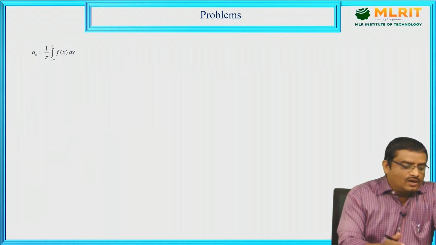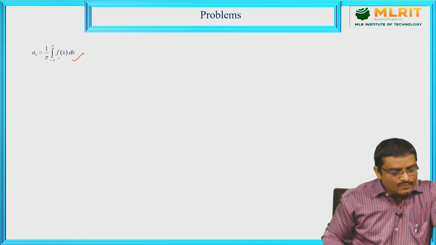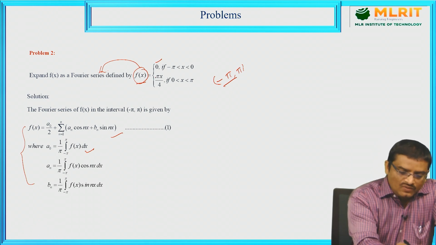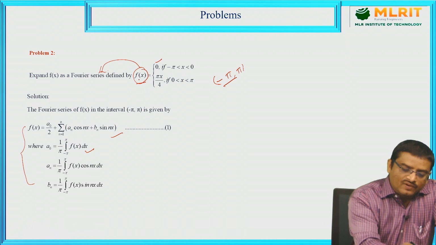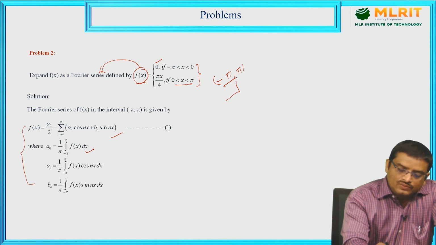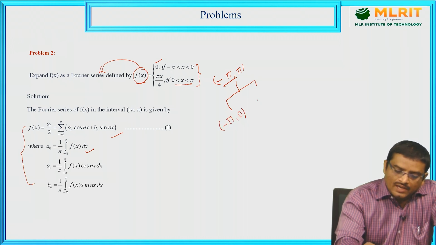So now a naught is equal to, this is the standard formula. Here also in the given problem f of x is defined. We have two values for f of x. One value is equal to 0 in the interval minus pi comma 0, and the other value of f of x he has given as pi x by 4 in the interval 0 comma pi. Based on these conditions we are going to divide this interval minus pi comma pi as minus pi comma 0 and 0 comma pi.